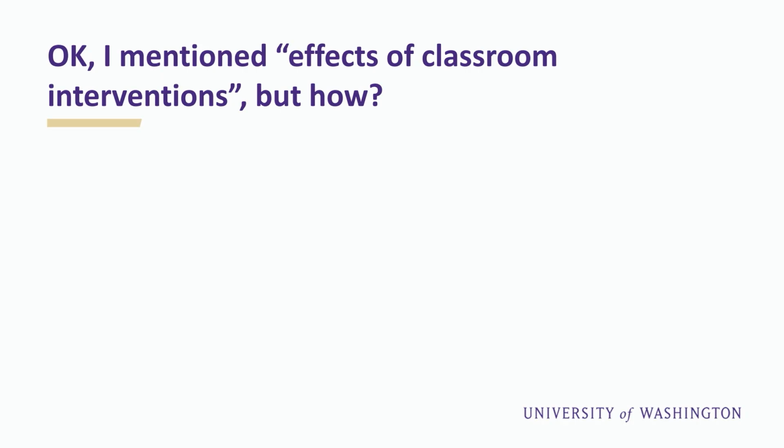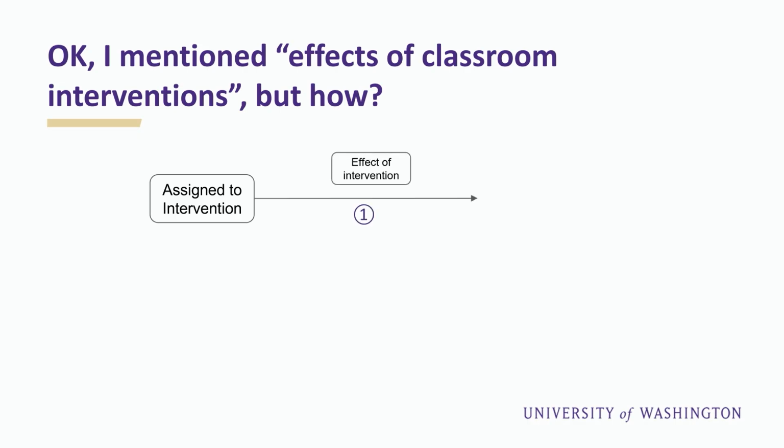Okay, I have mentioned several times the effects of classroom intervention, but how do we see the effects of classroom intervention? Let's start with a basic diagram of classroom intervention. When we're talking about the effect of an intervention, we actually mean the effect of being placed or being assigned into an intervention group, and we want to see whether being assigned into an intervention group had any effect on student outcomes.